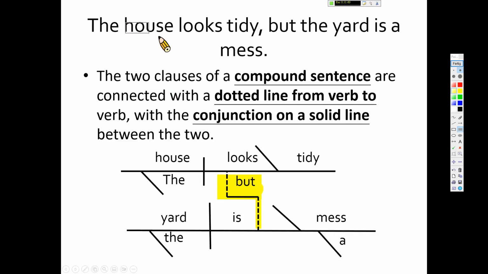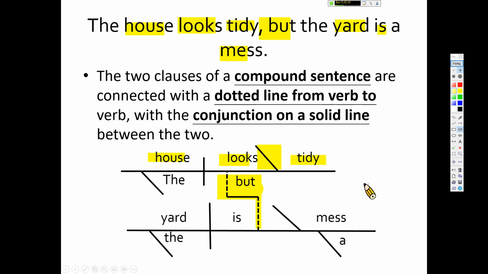So the house looks tidy, but the yard is a mess. So house looks tidy. And remember, this is a diagonal line for subject complement, right? Connected by but and connected by two verbs. Yard is mess. The yard is a mess.